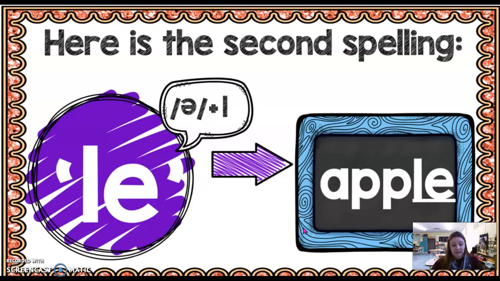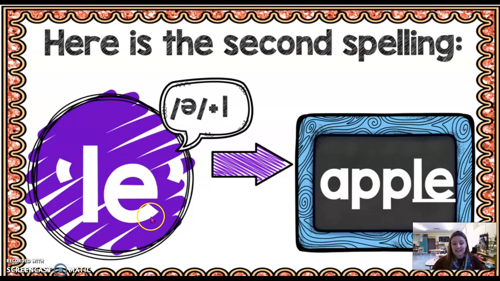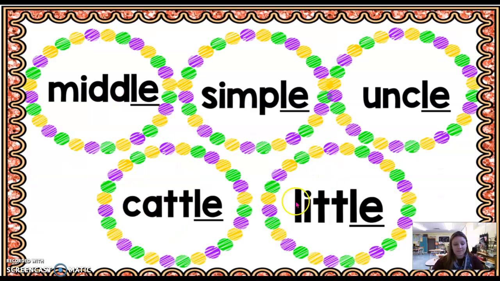Our second spelling that I wanted to introduce to you today also makes the ul sound. That's our schwa plus L. But this spelling is LE, opposite of our EL that we just talked about. So this one is LE. For example, in the word apple. Apple ends with an ul sound, but it's spelled LE.